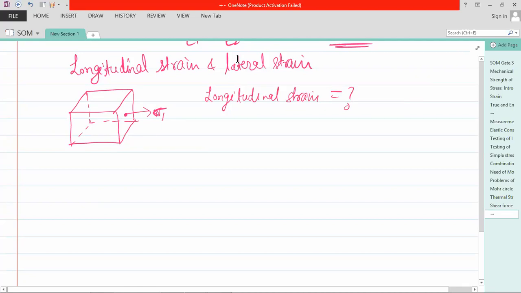And in the lateral direction, in how many directions is the strain coming and what are their values?